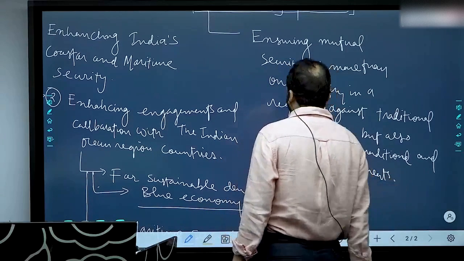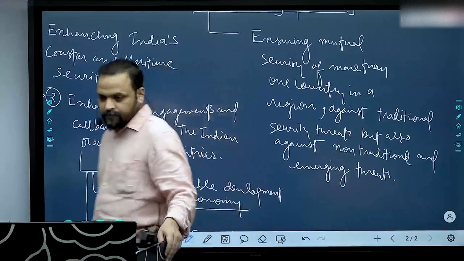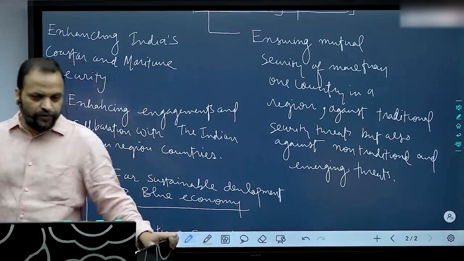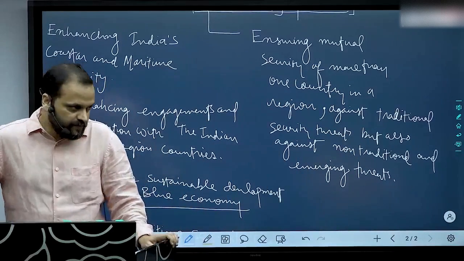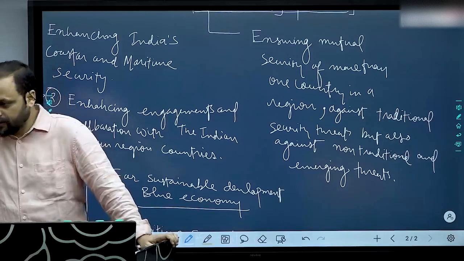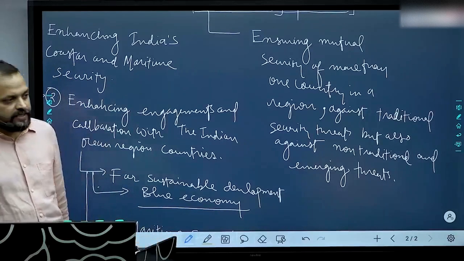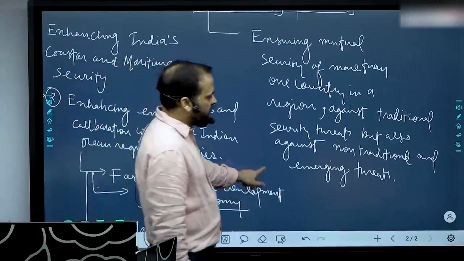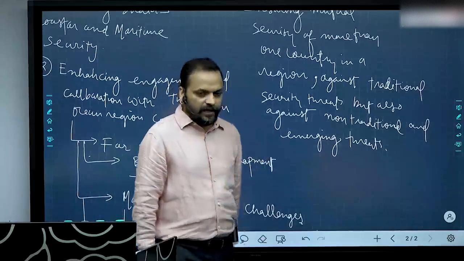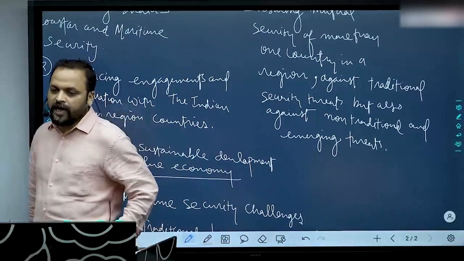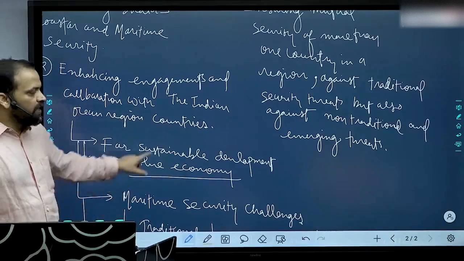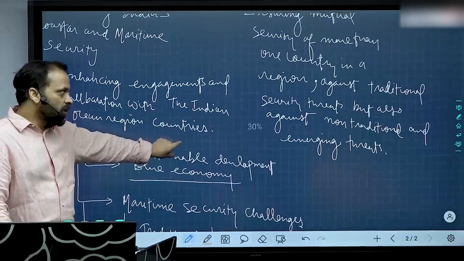So that is the role of a net security provider, ensuring mutual security of more than one country against traditional security threats as well as non-traditional and emerging threats. So that is basically a matter of capability. Are you capable of doing so?